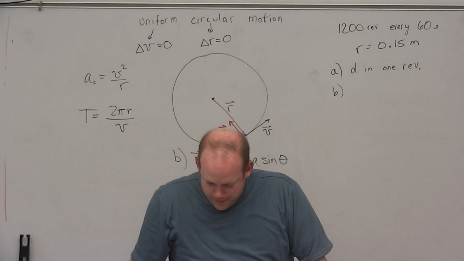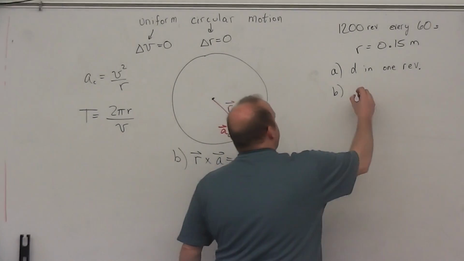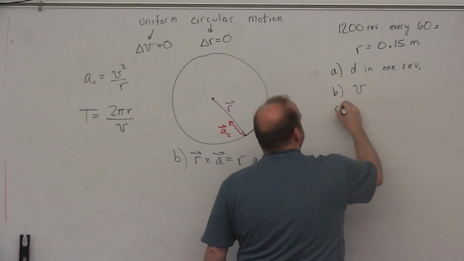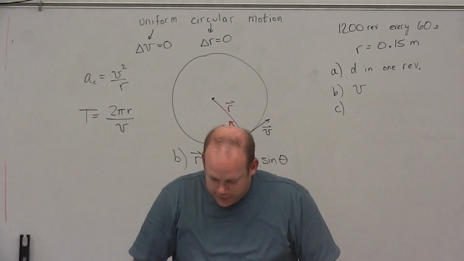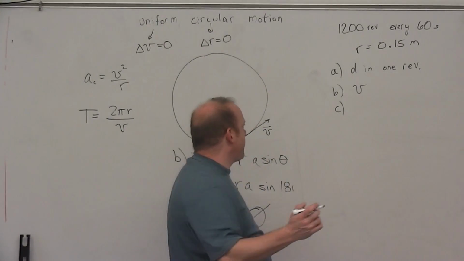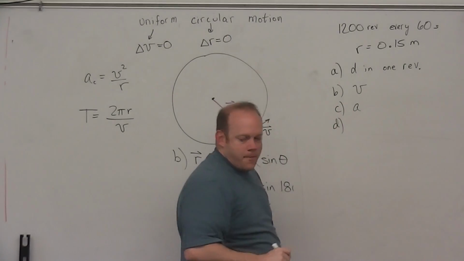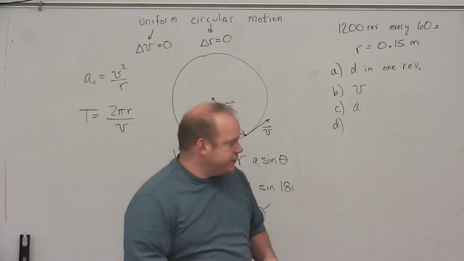B, v, that's of the tip. C, the magnitude of its acceleration. And D, and we're just talking about the edge of the fan blade, the period of the motion.